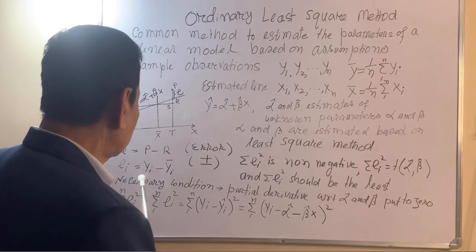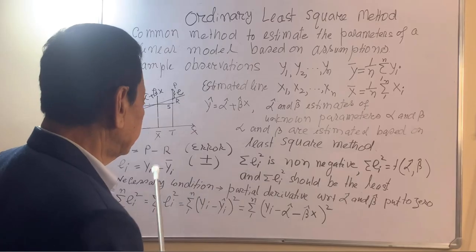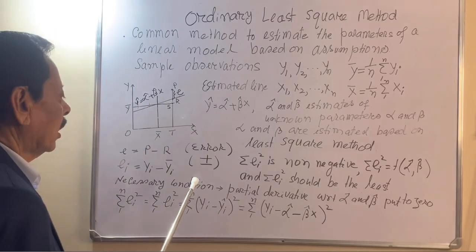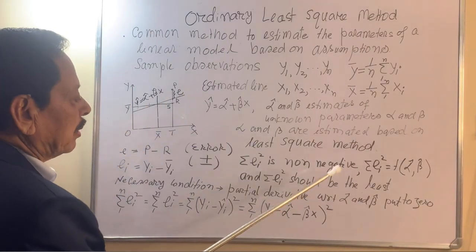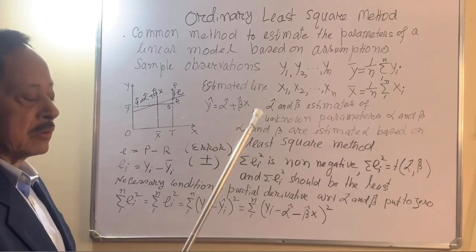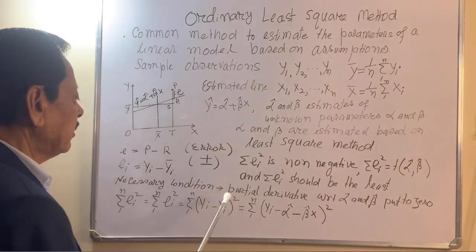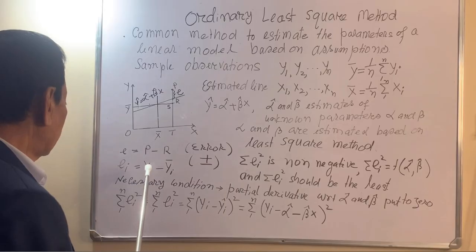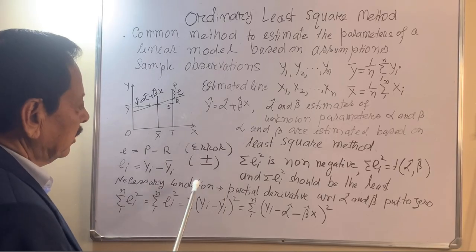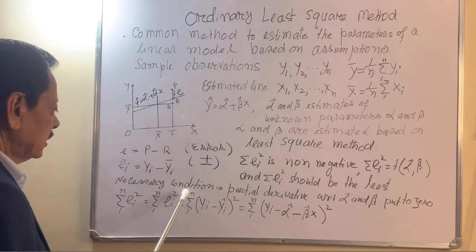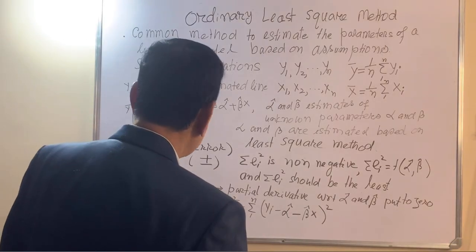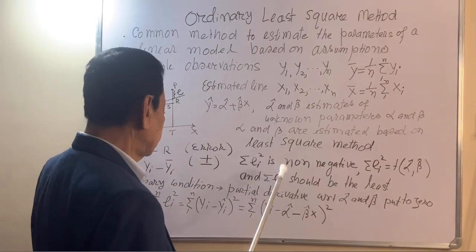Now, the necessary condition: what is the minimum value? So how to minimize this? We'll have to find out the least, that means we'll have to find out the minimum value of this.